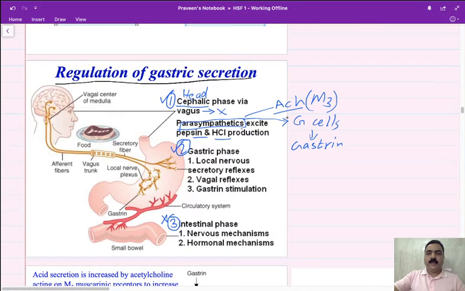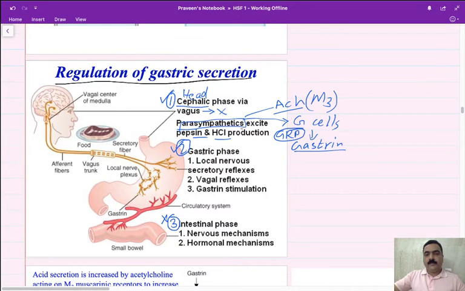But the G cells are not stimulated directly by the acetylcholine. They are stimulated by what? Gastrin releasing peptide, the GRP. GRP stimulates the G cells. So there is another action of the parasympathetic: the G cells are stimulated and release gastrin. Then the gastrin increases the acid production by stimulating the parietal cells.